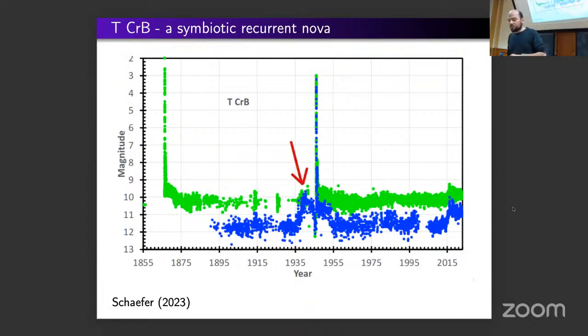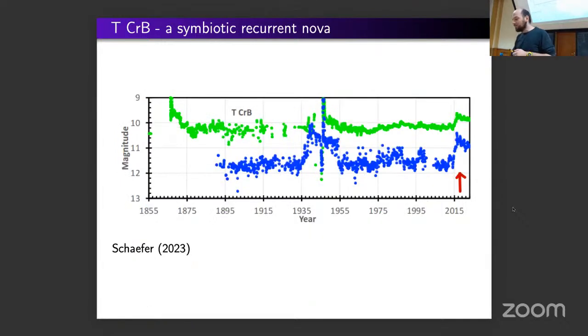And what is interesting, what keeps people's attention, is that it increased in brightness just before the last outburst. And now it's also increased in brightness similarly. So using that, people are predicting it will explode; actually they predicted September last year, but it will explode soon.